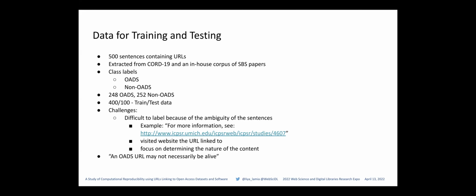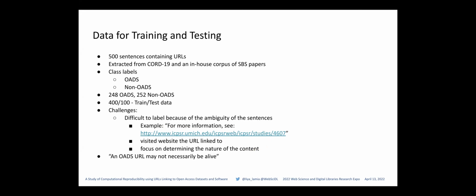While we were doing the data labeling, we faced a few challenges. There were some sentences which were really ambiguous. In this example, it says, for more information, see this particular URL. The sentence doesn't mention anything about a dataset or software. It just says something like for more information, which is very ambiguous. Seeing the nature and context of the sentence, it was hard for us to label it as either OADS or non-OADS.